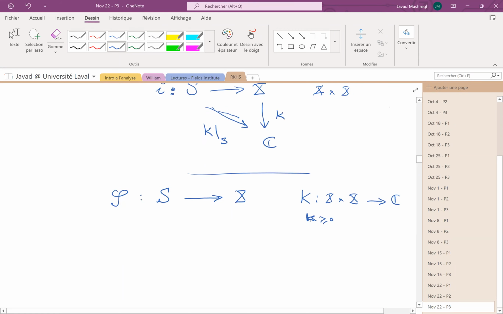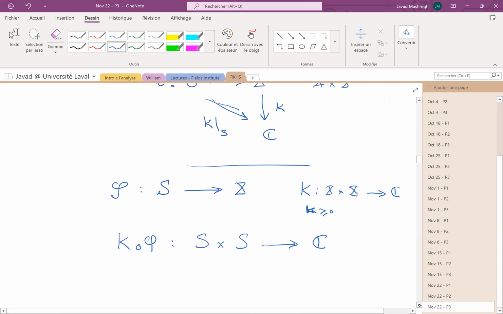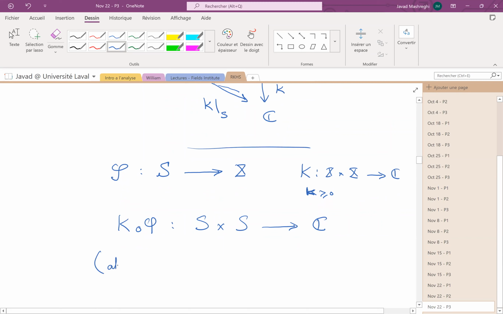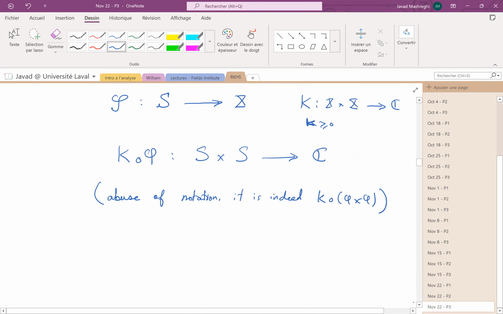And now K composed with phi on S times S with values in C, by, again, abuse of notation, it is indeed K composed with phi times phi, but you understand what it means, and as I said, even in the book it's written that way.